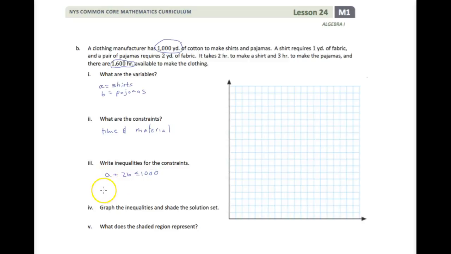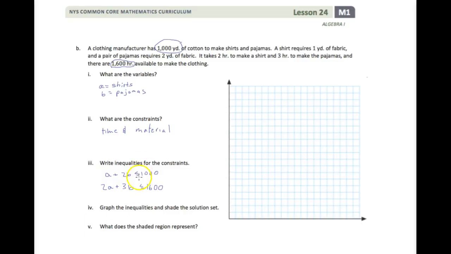Similarly, we have to think about how long it takes to make a shirt, because remember we said time and material. I did material first, shame on me. It takes 2 hours to make a shirt and 3 hours to make pajamas, and we can't spend more than 1,600 hours altogether.